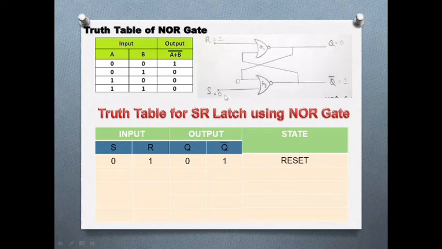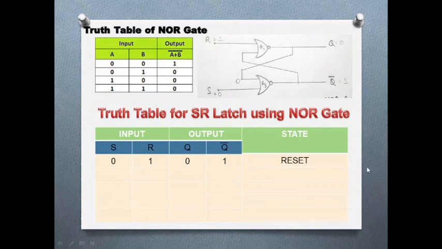Now both the inputs of gate G2 are 0, and from the truth table we get that when A and B are 0, we get the output as 1. So Q bar is equal to 1. So when S is equal to 0 and R is equal to 1, we get Q is equal to 0 and Q bar is equal to 1. This is called the reset state.